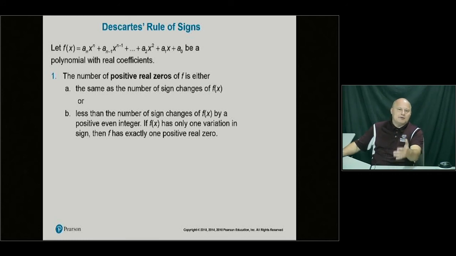Now you're like, well, yeah, but what if there was 7? Well, it doesn't help much, because if you have 7 sign changes, then that means you could have 7, 5, 3, or 1. But it does help in this regard. Let's say you had 7. I mean, let's get really outrageous. Let's say you had 7 positive real solutions, up to 7. Well, let's say you're up to 2 already. You've already found 2. Then what do you know? Well, you know you're going to have at least 1 more, right?